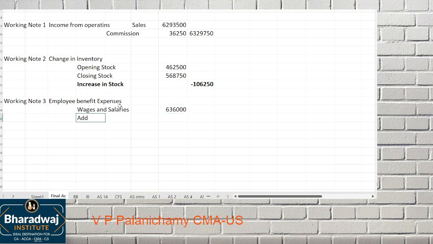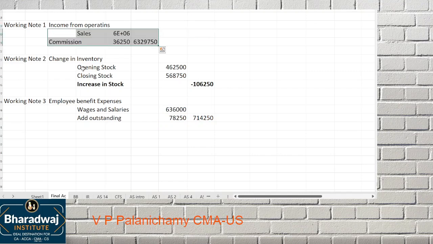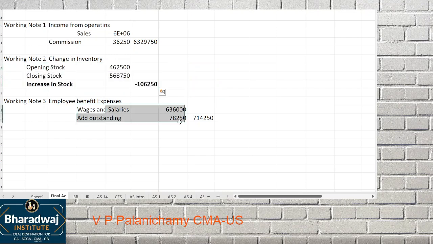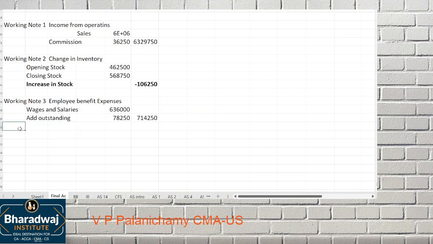Add outstanding, 78,250. Total amount will come. Employee benefit expenses working note over.